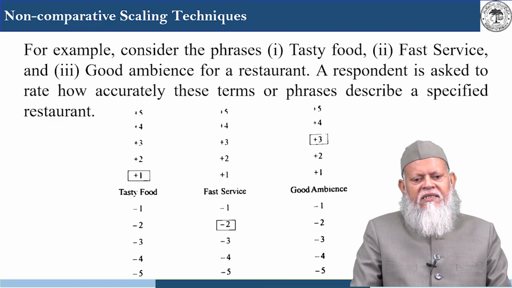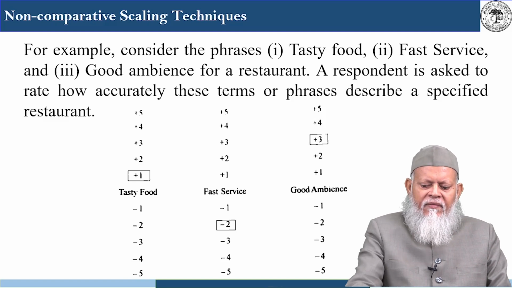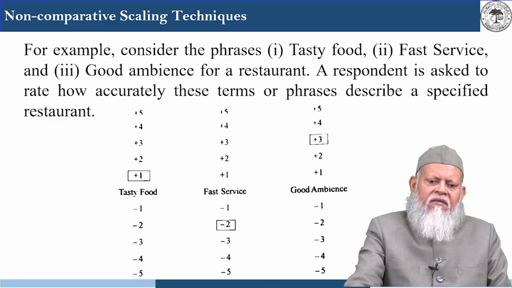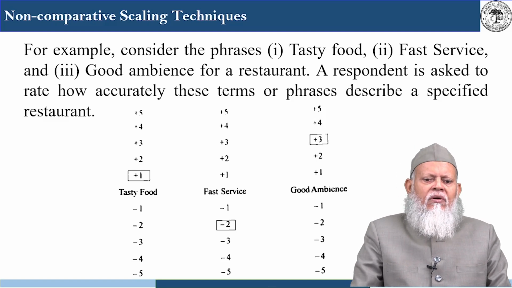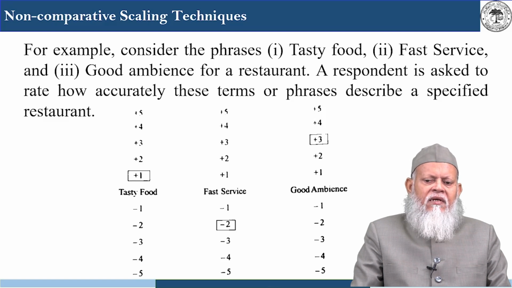So the scale begins from +5, that is the highest degree of accuracy, while the -5 gives the lowest. So tasty food has a +1 score, fast service has a -2 score, and good ambience has been given +3 by a respondent.